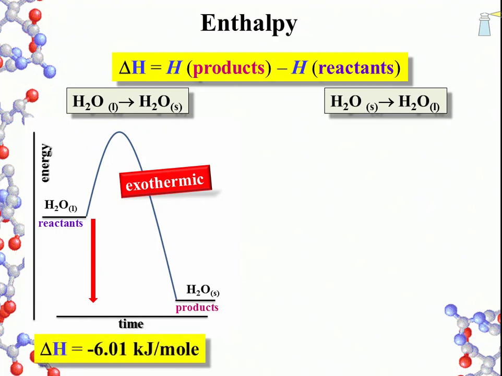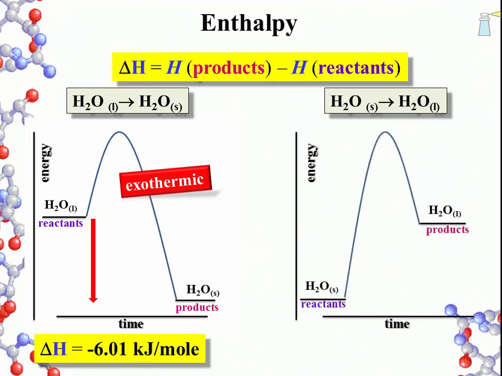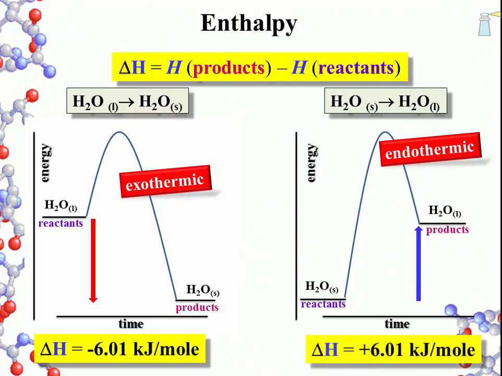A lookup table provides a delta H value of negative 6.01 kilojoules per mole. The negative sign says heat is released. The opposite reaction, melting, heat is added to the reaction. This is an endothermic reaction. The delta H associated with this reaction is the opposite of that of the freezing reaction.